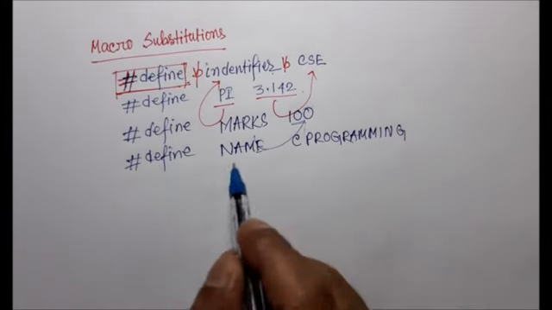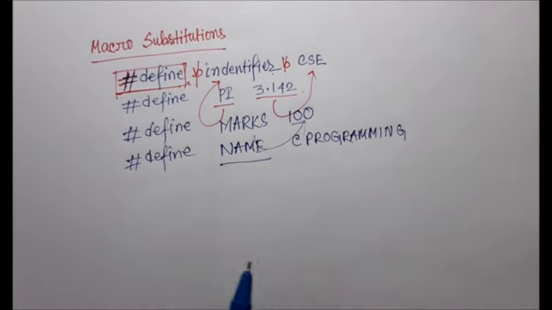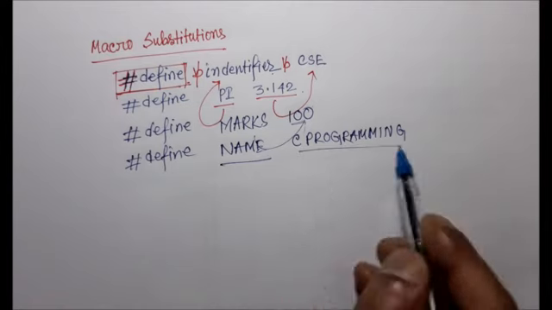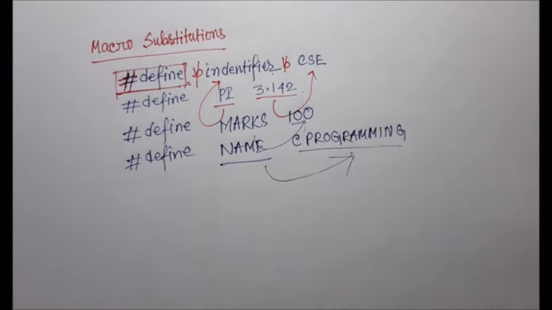Whenever in my program I get the identifier name, it will be replaced by C programming. That is macro substitution. You will get many more examples in the tutorial. Please follow the class note to get more details. That is all about macro substitution.